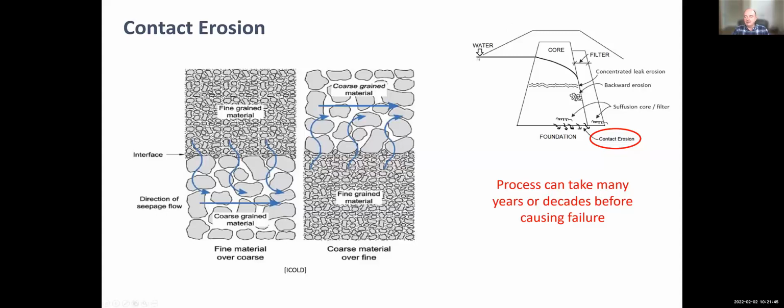Maybe the particles are removed more vigorously when the reservoir level is high, creating higher seepage pressures. But once it gets to a critical state, then it'll start to really accelerate, and you end up creating a void or a pipe through your dam, and that's usually going to lead to a dam failure.